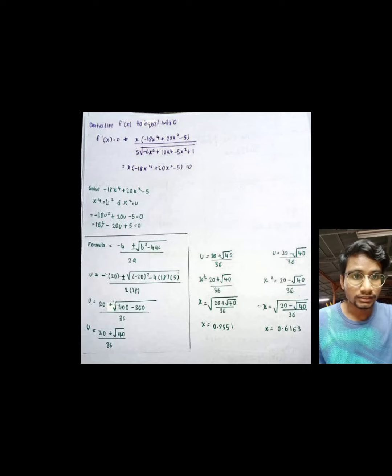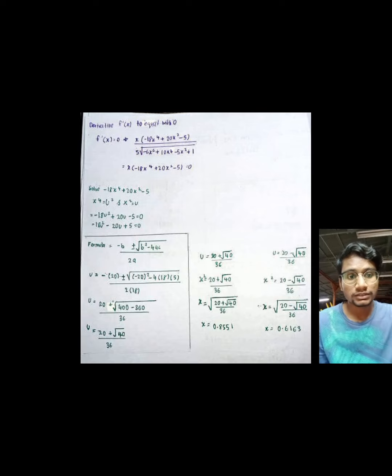After that, we set the derivative f'(x) equal to 0, so we put 0 for the derivative value. To solve this, we use u as x squared. So we get -18u^2 + 20u - 5 = 0.